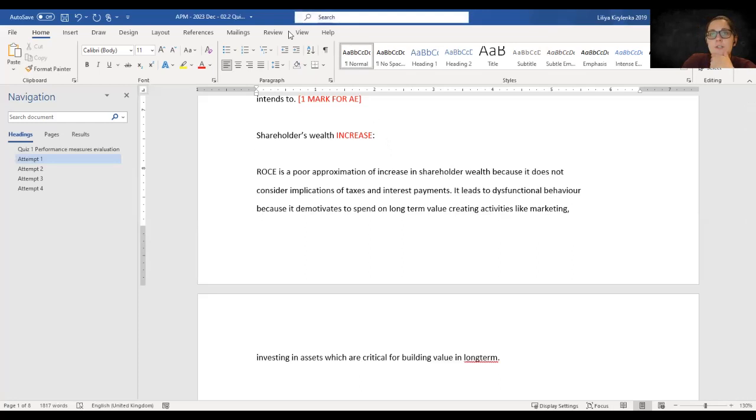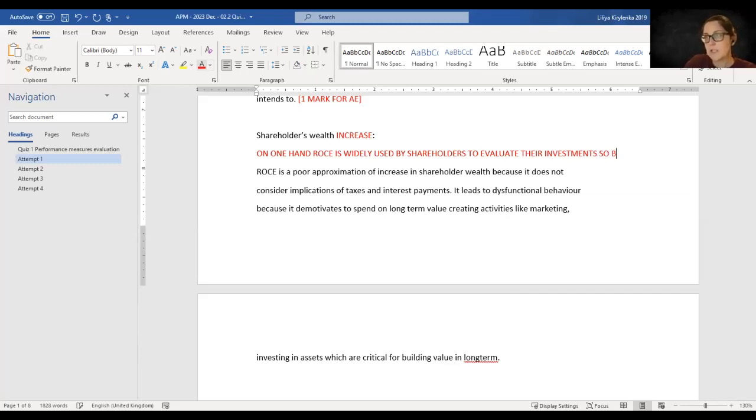So what you need to do, you need to say that on one hand, return on capital employed is widely used by shareholders to evaluate their investments.